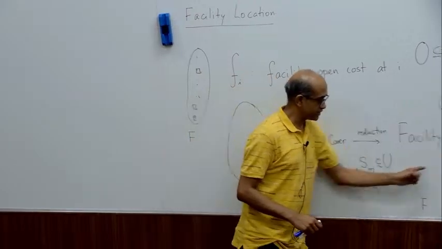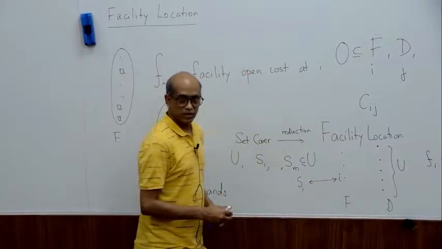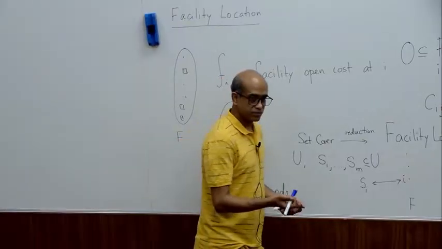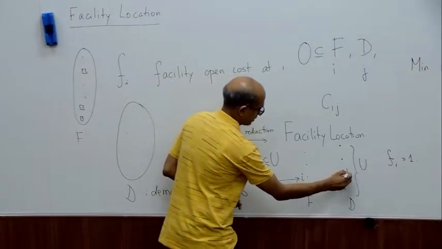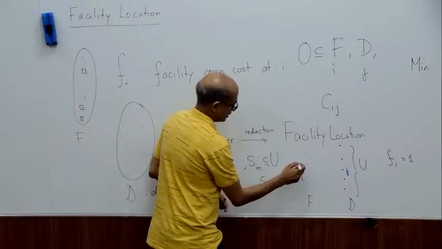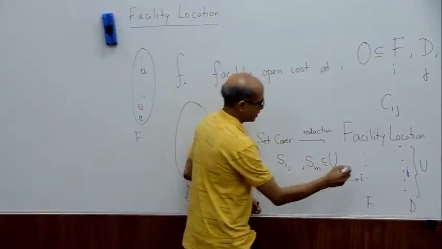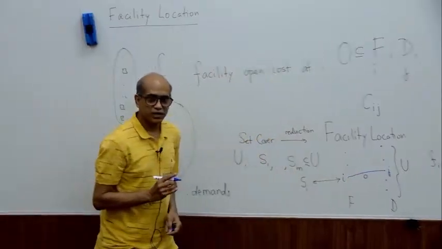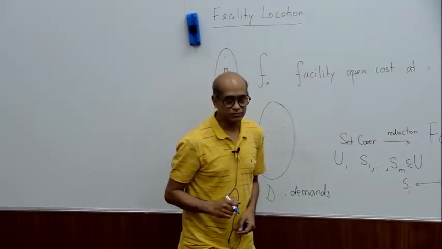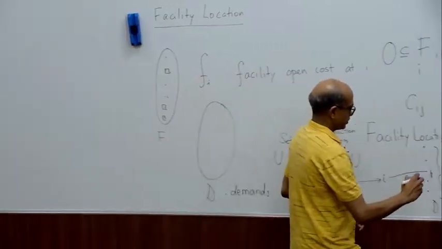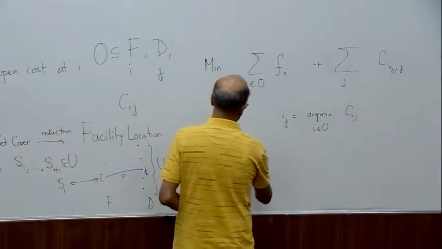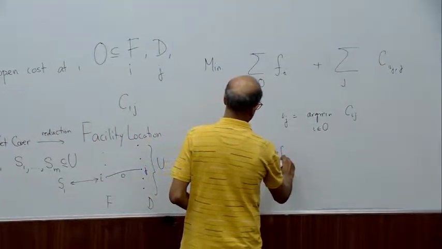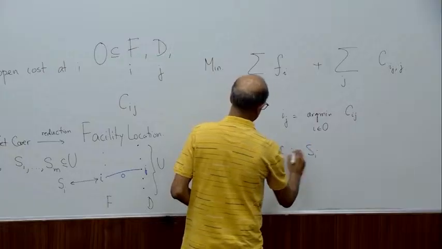Remember, I have to specify a distance between every pair of points. And again, that is done in a very natural way. If a point j is contained in the set Si, I'm going to make this distance 0, otherwise I'll make it infinity. Okay, so Cij is 0 if the point j is in the set Si, otherwise it's infinity.